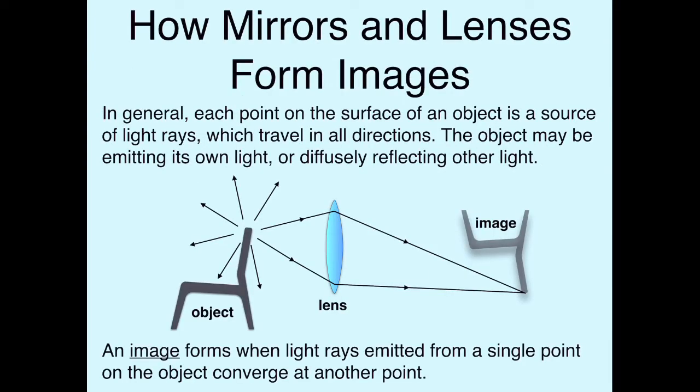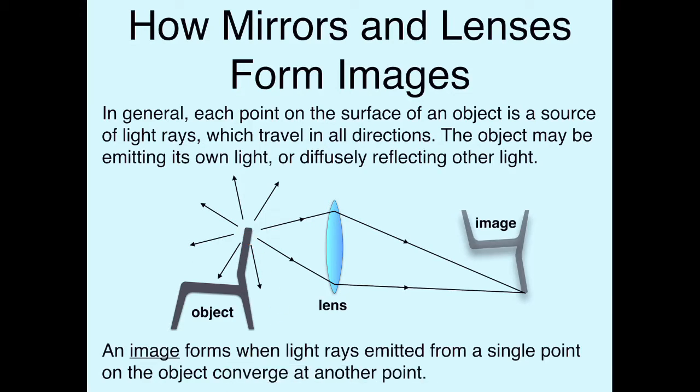Okay, so a really important concept to understand right off the bat is how mirrors and lenses form images. What does it even mean to say that an image is being formed by a mirror or by a lens? So let's discuss that. Let's say we have some sort of object, maybe this chair here.